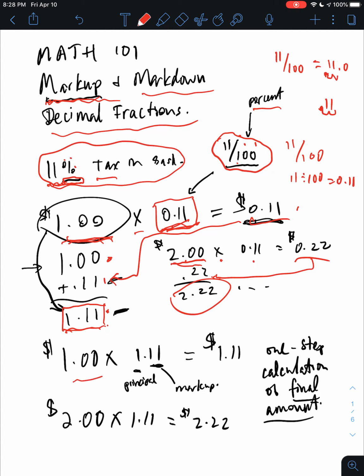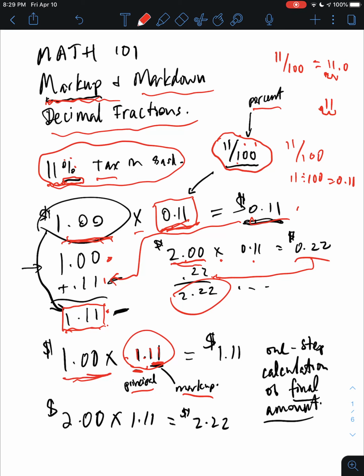I just take $1 and I multiply by this magic number 1.11. 1.11 is two parts. The 1 stands for the principal, and the 0.11 is the markup. And so it's very, very easy to figure out this number in your head. You just take a 1, and then after the decimal, you put the markup as a decimal.